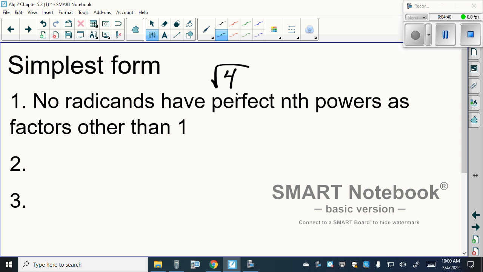So the square root of 4 we can't leave as the square root of 4, or the cubed root of 8. If there's a power or a number that can be pulled out, it has to be pulled out for it to be considered in simplest form. Another way we can say this is say 2 to the 2/4. 2/4 is not in simplest form because it can be reduced. If we can reduce it, we need to reduce it.